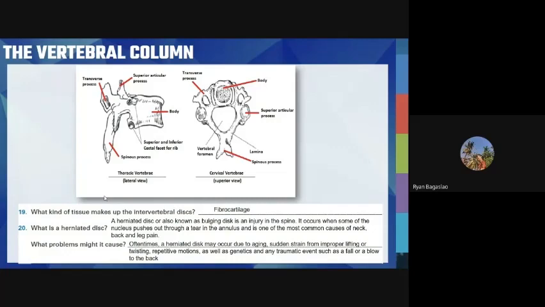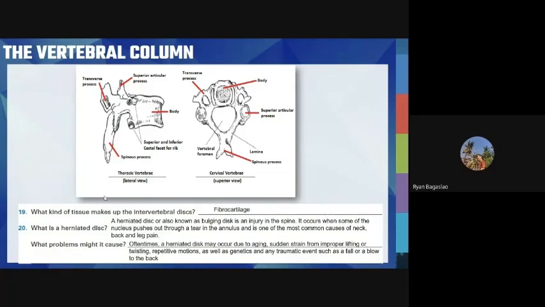So for the second picture, that is the cervical vertebrae in superior view. The first one that points to the empty center is called the vertebral foramen.